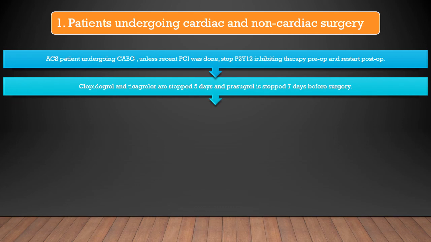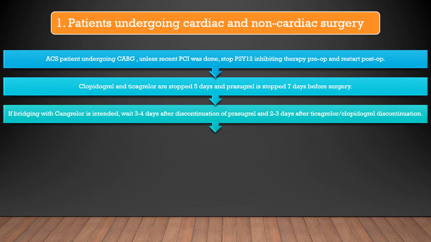Clopidogrel and ticagrelor are stopped 5 days and prasugrel is stopped 7 days before surgery. If bridging with Cangrelor is intended, wait 3 to 4 days after discontinuation of prasugrel and 2 to 3 days after ticagrelor or clopidogrel discontinuation.